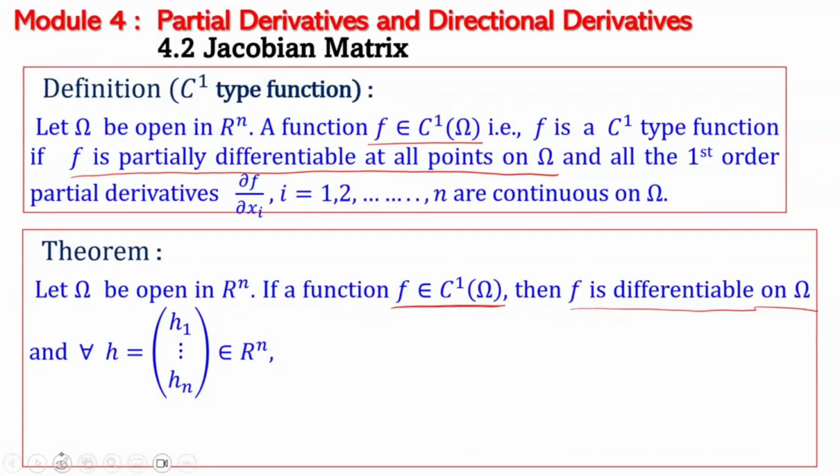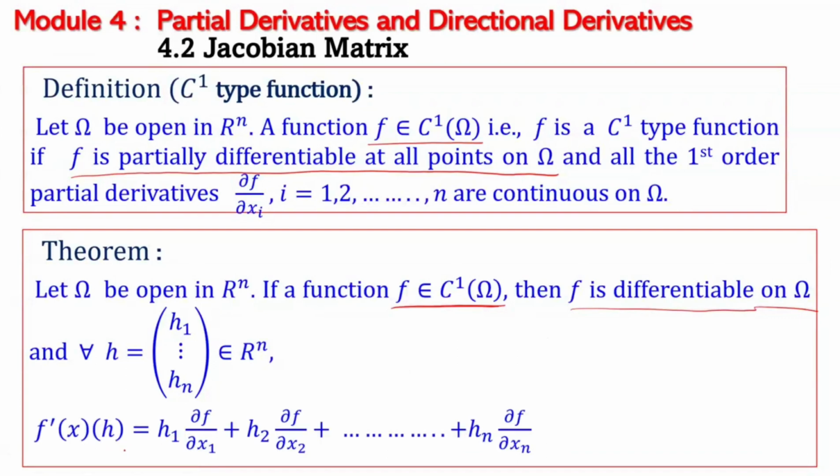And from a previous theorem, we have that if it is differentiable, then we can say that, from the previous theorem, this is the Jacobian of f at the point a, dot h.